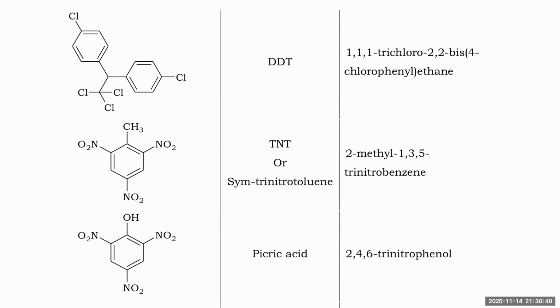On position 1, we have 3 chlorines, so that's why it is called 1,1,1-trichloro. And on the second position, we have 2 phenyls. Since there is already chlorine present on them, we use the word bis. So 2,2-bis(4-chlorophenyl) ethane. That is the IUPAC name of DDT.